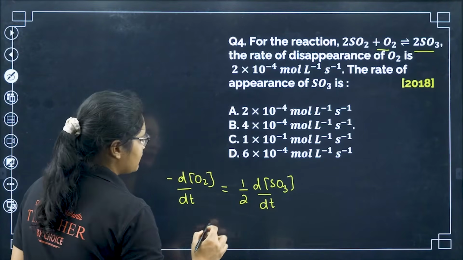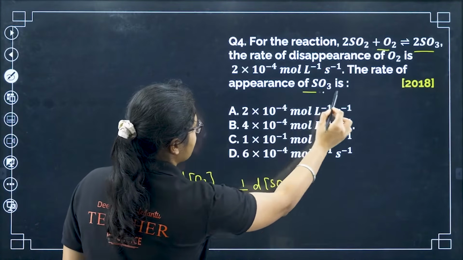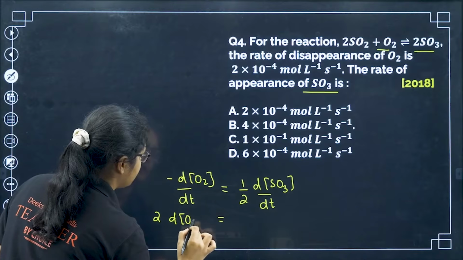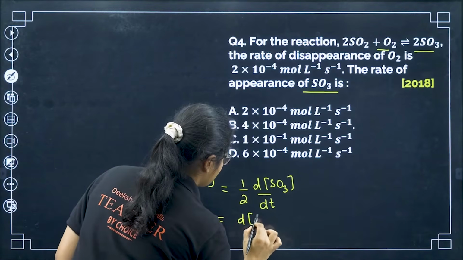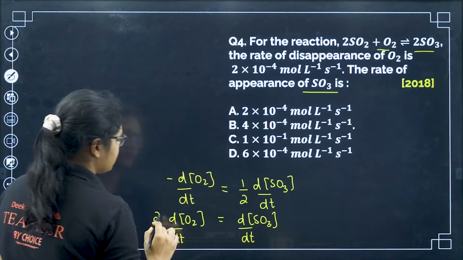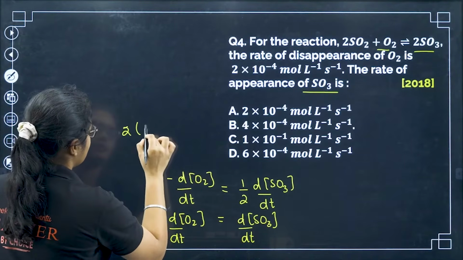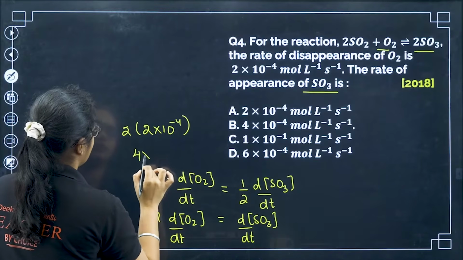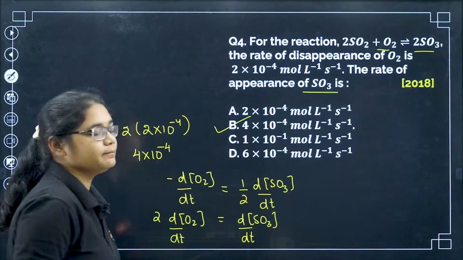Okay, so now can I write this one as, the question is asked the rate of appearance of SO3. So that is equal to 2 times of dO2 by dt. So that will give me 2 times of O2, means 2 into 10 to the power of minus 4. So that will give me 4 into 10 to the power of minus 4. So that is option number B here.